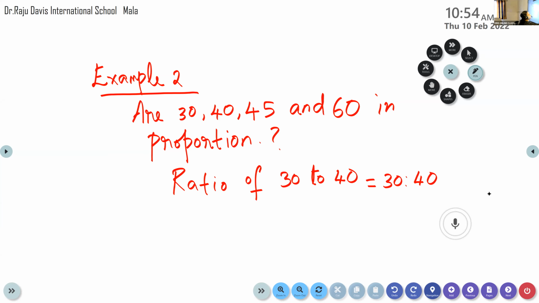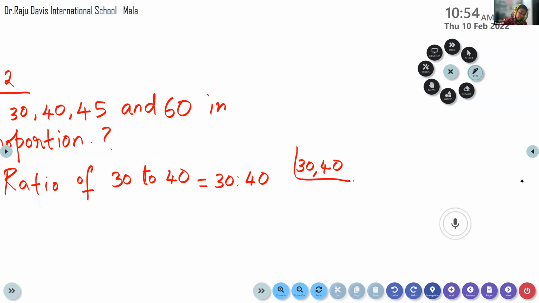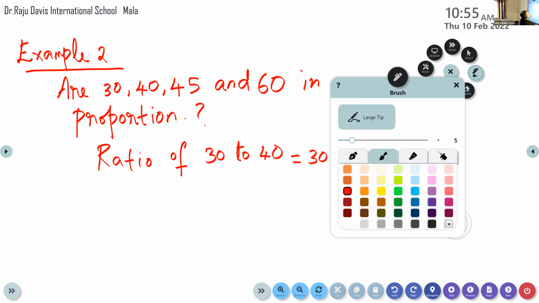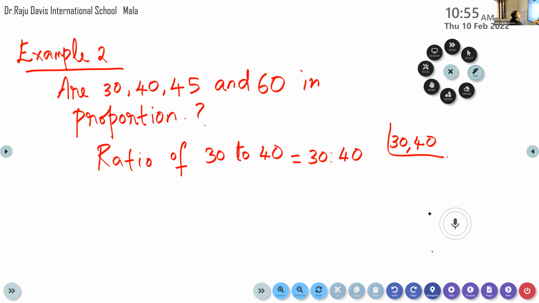You can, on the side, find out the HCF of 30 and 40. It can be divided by 2, okay, but you have to take the highest, that is 10. If I divide by 10, what will the answer be? 3 is to 4.